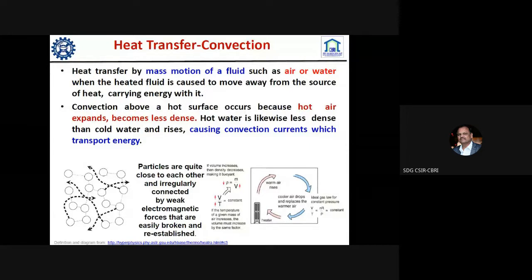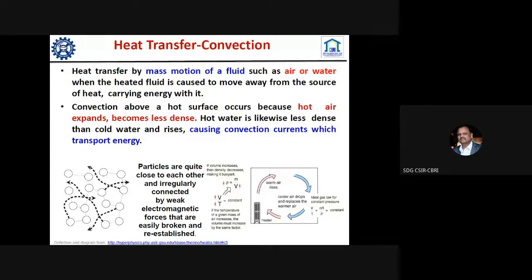Similarly in the case of air, particularly in our indoor room, hot air always circulates within the room space as well. If we go to the equations that we know, the principle is V by T equal to nR divided by P, which is constant.